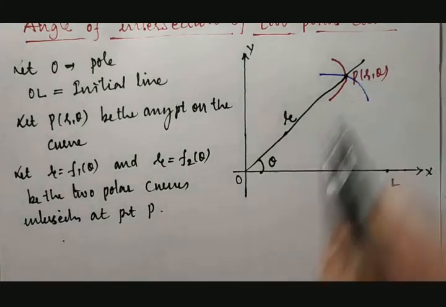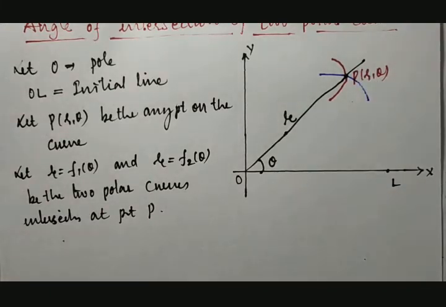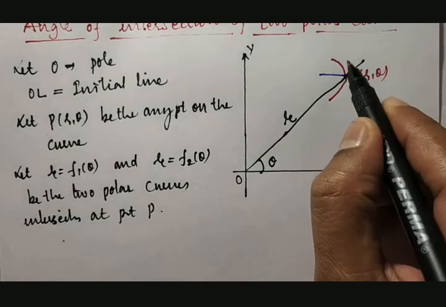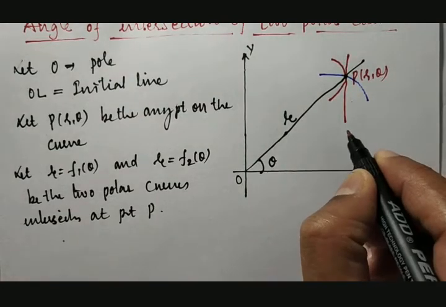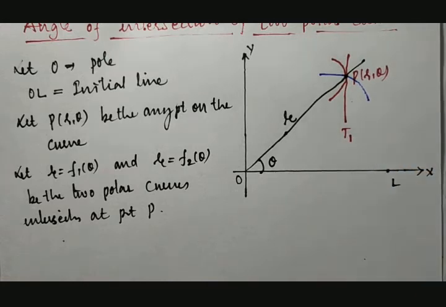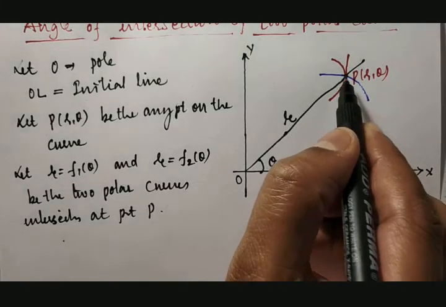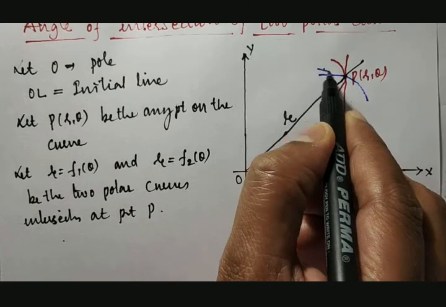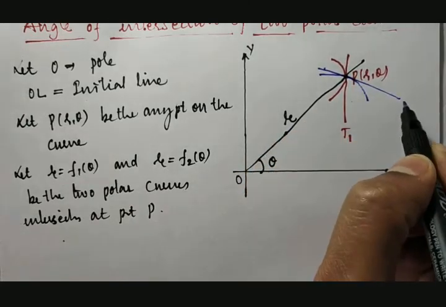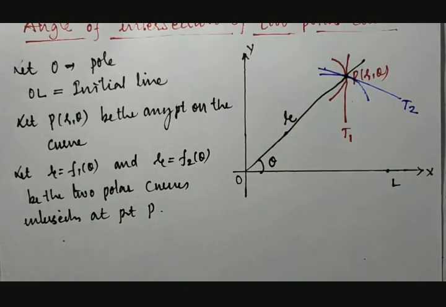For the first curve with the red color, I'll draw a tangent from here. This is one tangent, I'll call it T1. Then for the second curve with blue shade, I'll draw one more tangent. This is called T2.